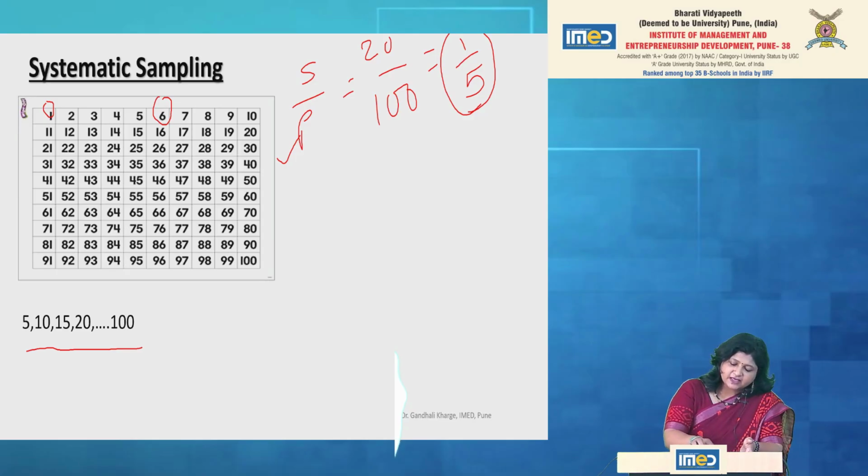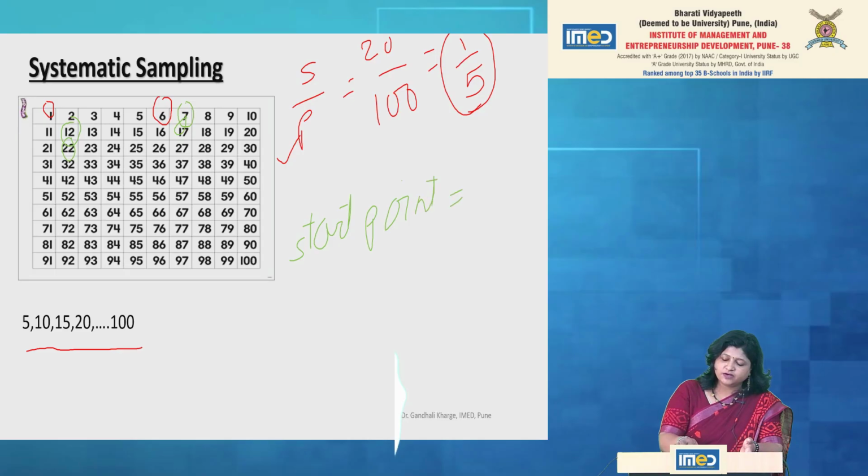If I start with the 7th, then from the 7th, counting 1, 2, 3, 4 and 5, the 12th will be my next respondent, and so on. I will collect the data from these observations. Here again is the starting point.